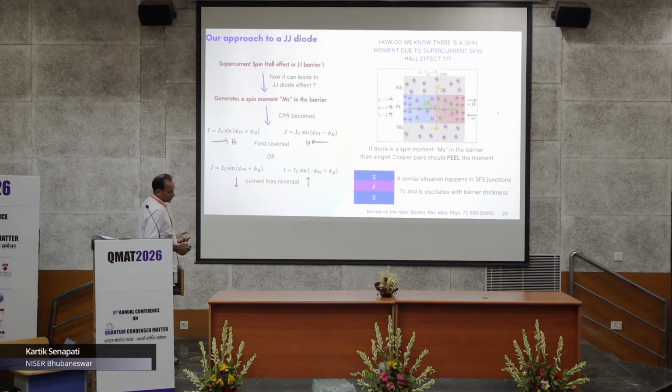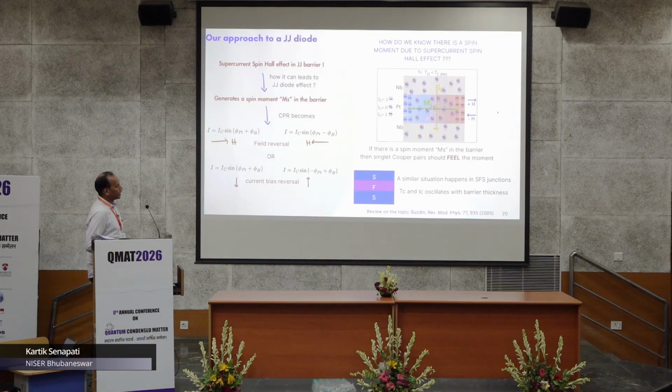So we took two different approaches to prove that there is actually a moment. One of them is that, imagine, if there is a moment here and the Cooper pair is coming through this. Cooper pair means I'm talking about niobium, a singlet, so singlet Cooper pair up down. Then if it is coming through there, it will feel the moment here.